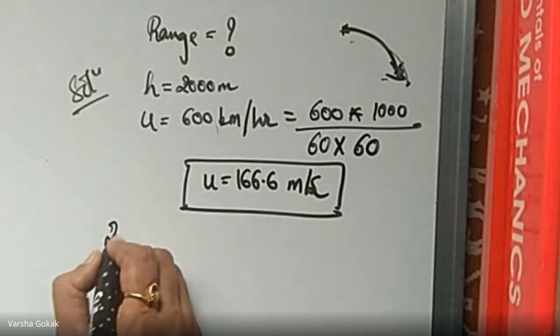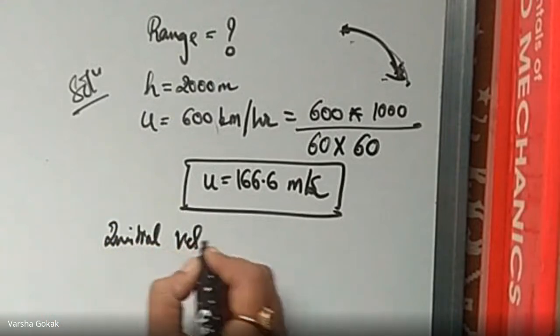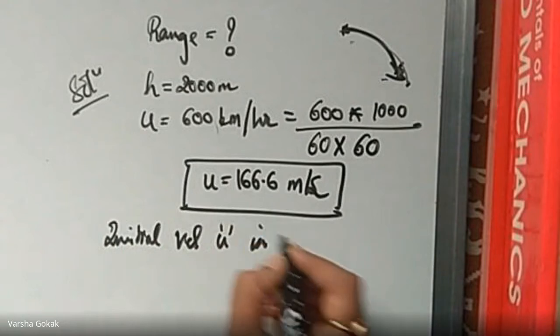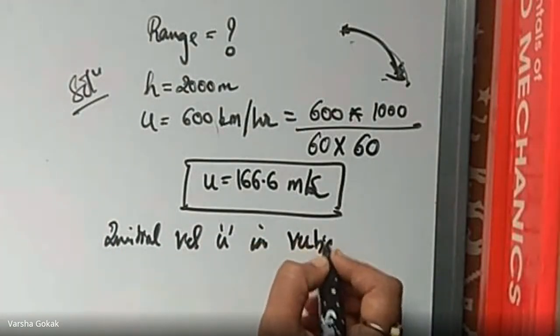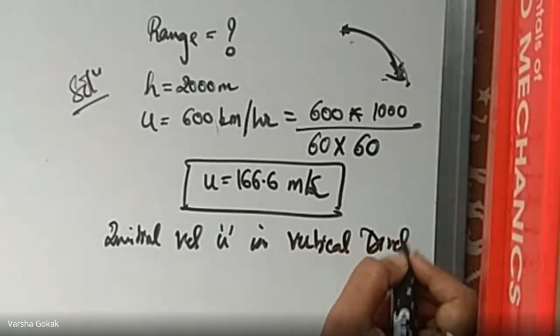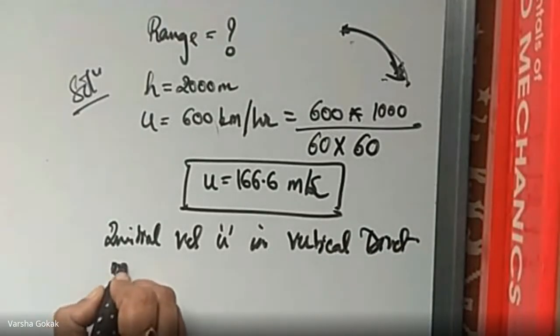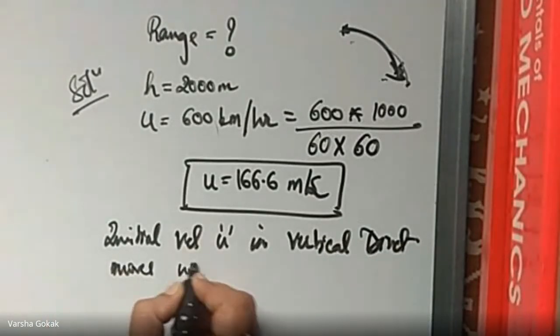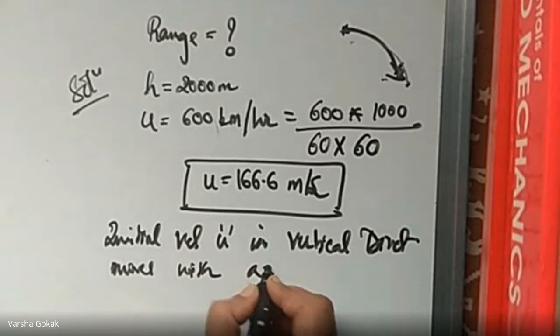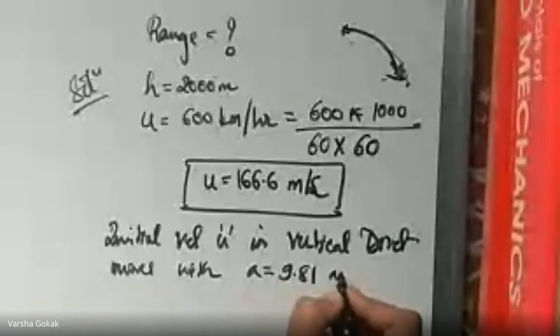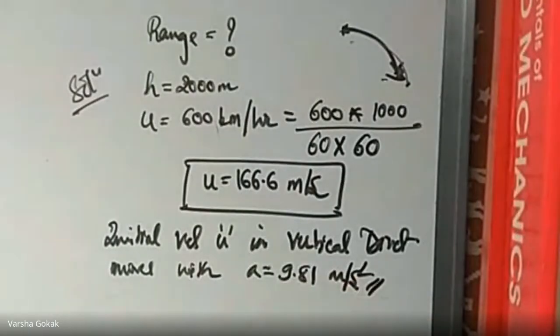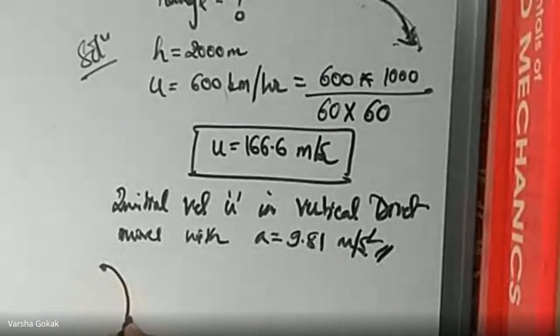Once U is found and we know H, let us find the other things. Initial velocity U in the vertical direction moves with an acceleration a, which is equal to 9.81 meters per second square. So the diagram is like this now. This is going to be the range and this is going to be the height.